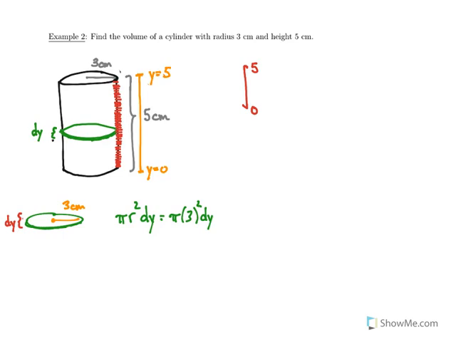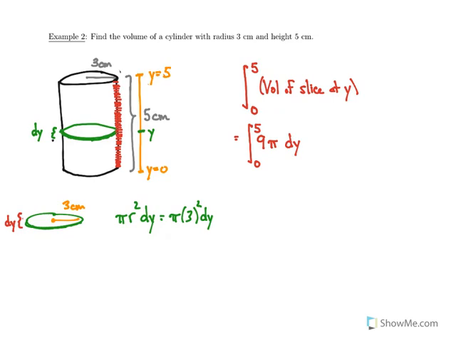And then we are going to find the volume of a slice at y. So the one that we drew is for some y value here. We're going to do that for every slice in between 0 and 5. And we have a formula for that. That's going to give us 9 pi dy.